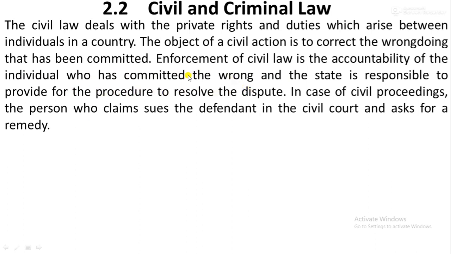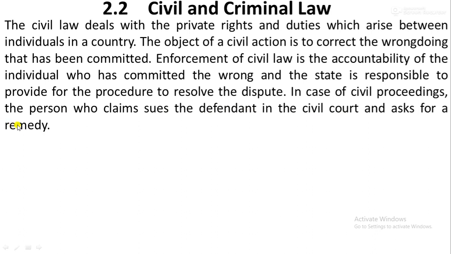So in civil law, the state only plays the role of remedy, repairing the justice. In civil proceedings, the person who claims, sues, means files a petition, against the defendant in civil court and asks for the remedy.